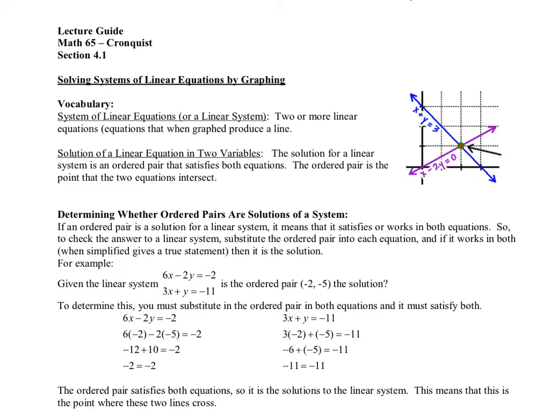Okay, so determining whether an ordered pair is a solution of a system is just a matter of plugging the values in for x and y, remembering x comes first, y is second, and seeing if it stays equal.